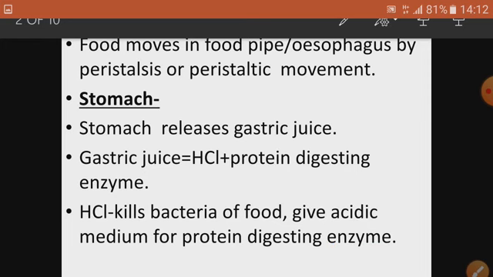Stomach releases gastric juices which are made up of HCl, protein digesting enzyme and mucus also. HCl kills bacteria which come along with our food. HCl also gives acidic medium for the protein digesting enzymes.